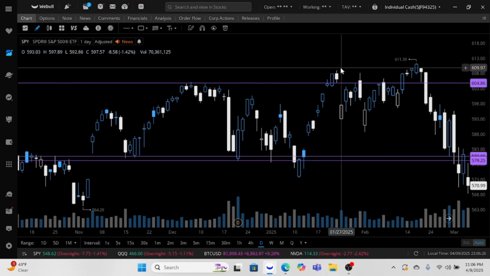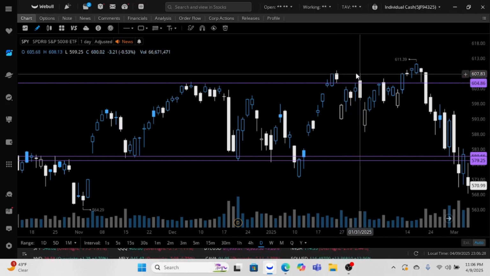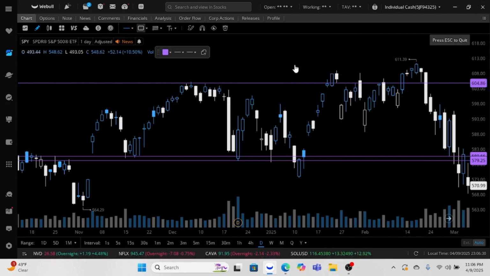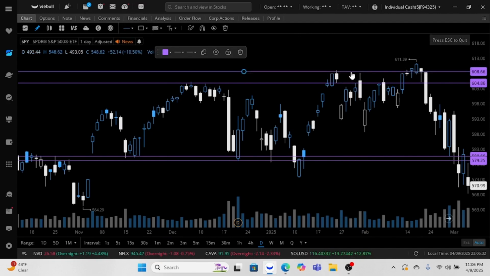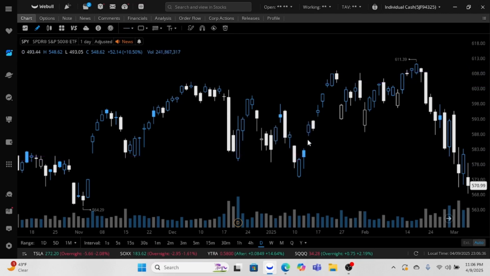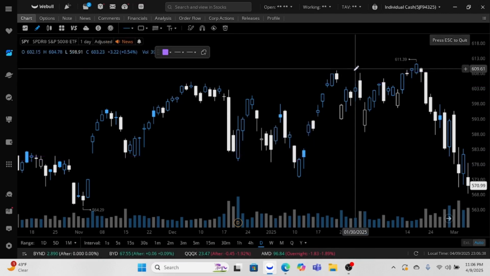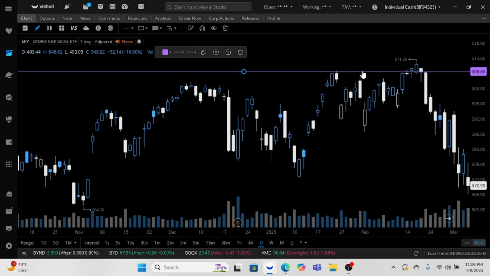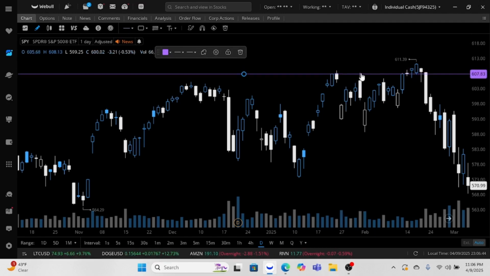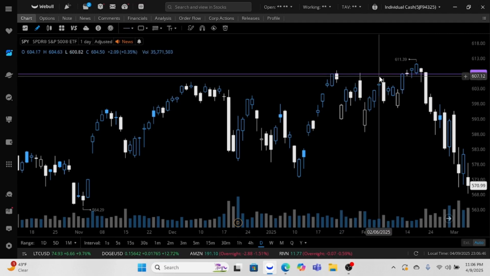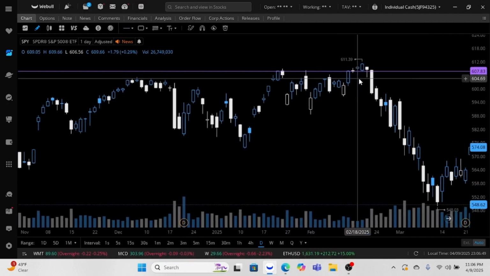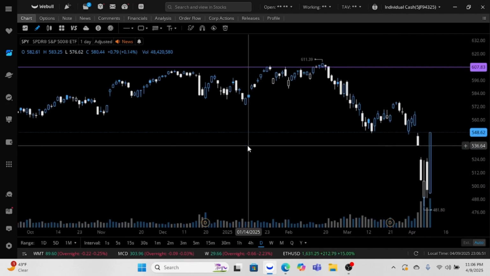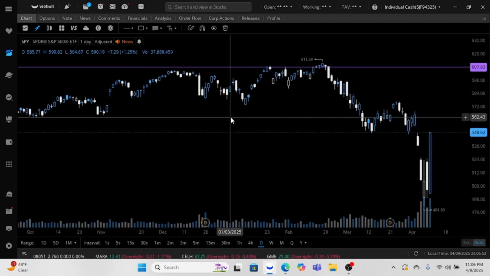And now we have, what are these? Relative equal highs. Let me take some of this stuff off so it's not confusing. Relative equal highs with this high and this high. Price comes up, takes out the liquidity above that. And now we have liquidity below that.